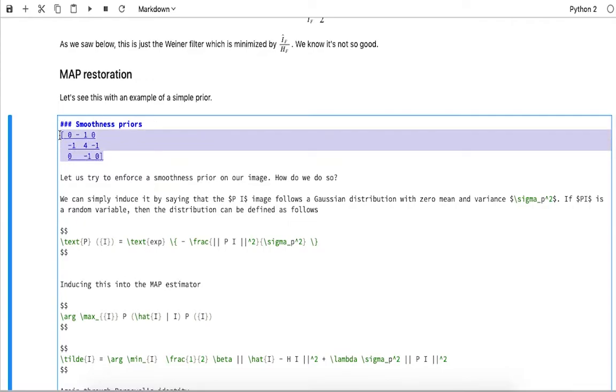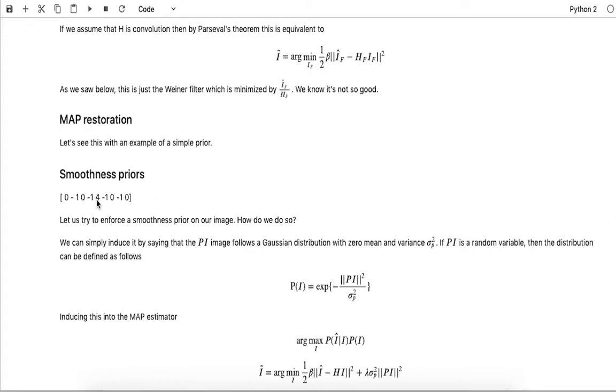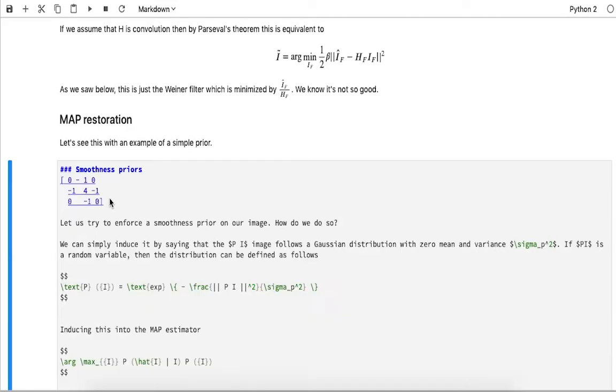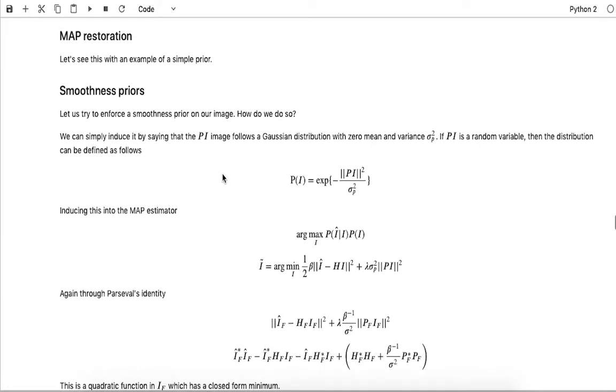What we want to say is that when you convolve this with my image, the result has to be a small Gaussian distribution surrounded around 0, and you can control the variance with sigma_p squared. So how can you know that this enforces smoothness? The image gets punished if it has any sharp edges, so it will have a high response when it's convolved with this filter.